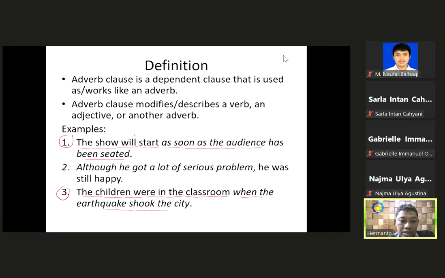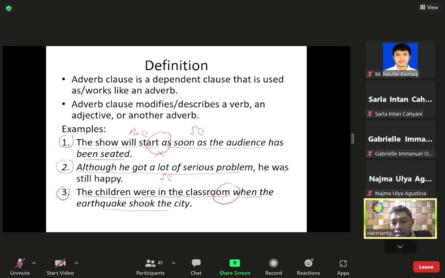And between the main clause and the subclause, the adverb clause, there is no comma. No comma. But if you compare to sentence number two, this sentence starts with the subclause, in this case the adverb clause, and next is the main clause. There is a comma.